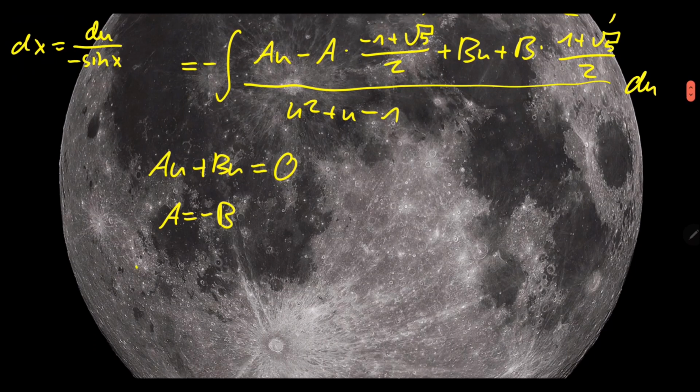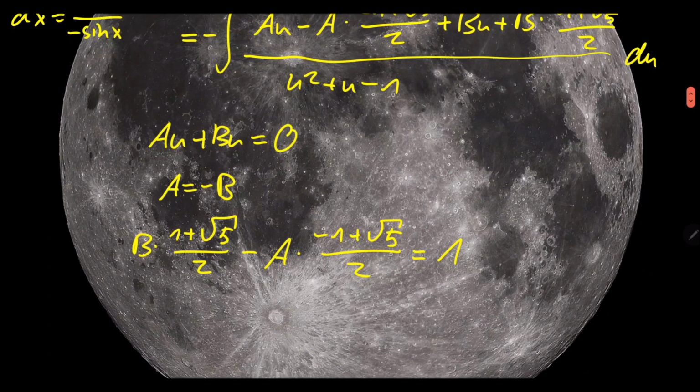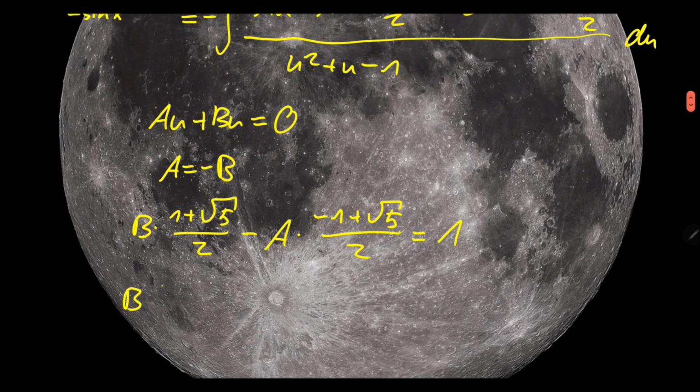On the other hand, b times 1 plus the square root of 5 over 2 minus a times minus 1 plus the square root of 5 over 2 should be equal to 1. Now, multiplying both sides with 2, we get that b times 1 plus the square root of 5 minus a times minus 1 plus the square root of 5 is equal to 2. But now we can make use of the fact that a is nothing but minus b.